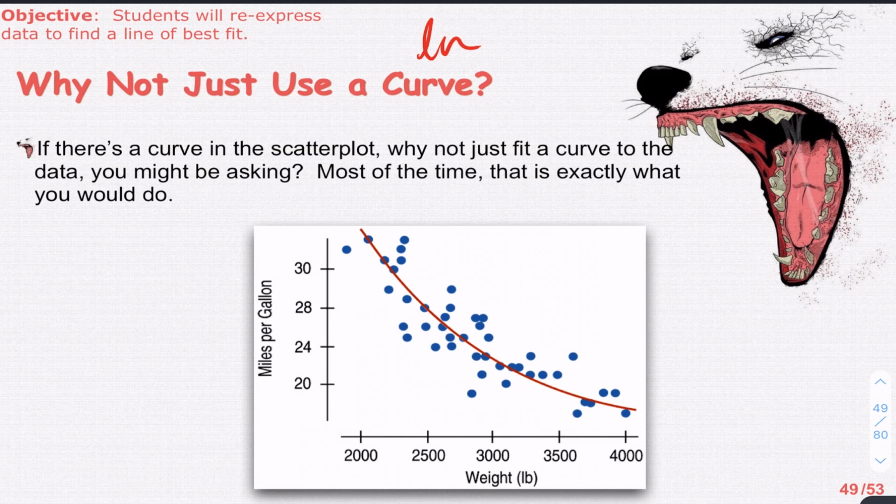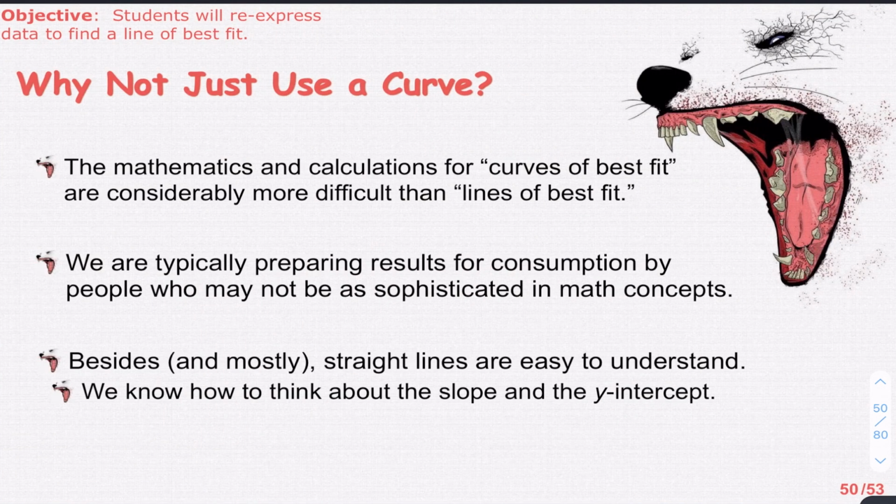Now, others of you are going to say, well, it's on our calculator. Why not just use a curve? If there's a curve in a scatter plot, why not just fit the curve to the data, you might be asking? And most of the time, that is exactly what statisticians do. Unfortunately, the mathematics and calculations for curves of best fit are considerably more difficult than lines of best fit.